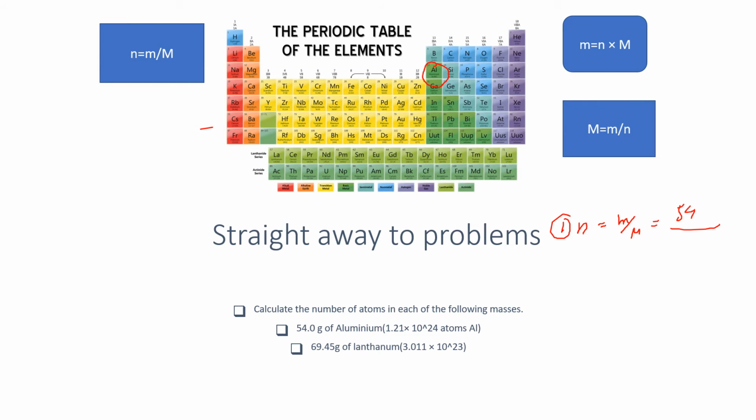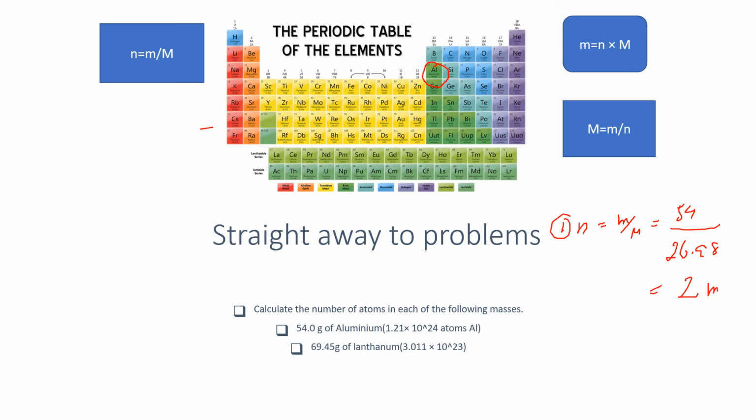Its molar mass is 26.98. So into the calculator, 54 divided by 26.98 is 2. So now they are asking calculate the number of atoms.